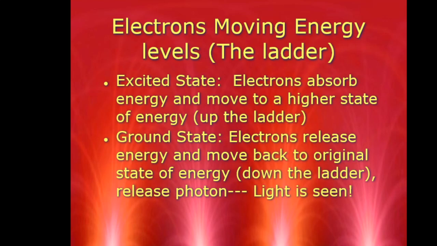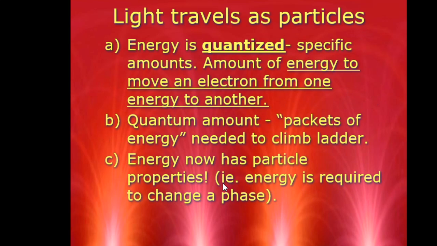It's kind of like if you drink a Red Bull. It only lasts for so long, or you eat a whole bag of candy. That energy only lasts for so long. So then it crashes back down to this ground state, releasing that energy as a photon, and that's when we see light. Okay. So a couple other things to talk about as some words as we start talking.